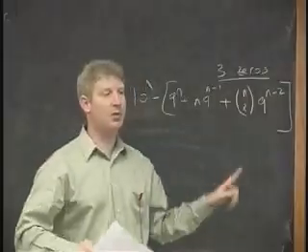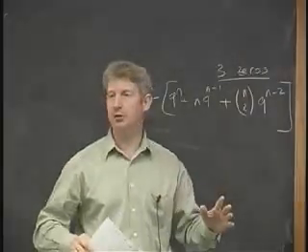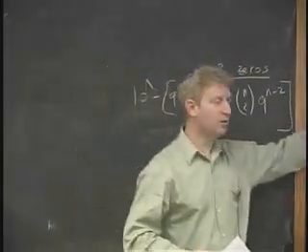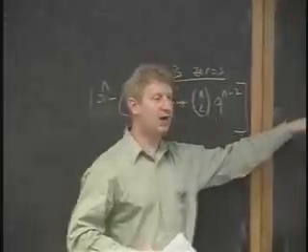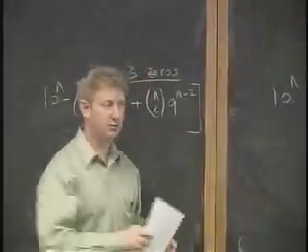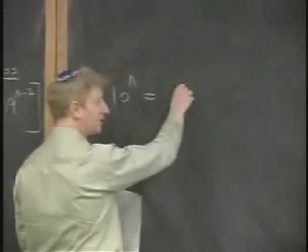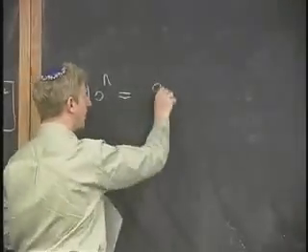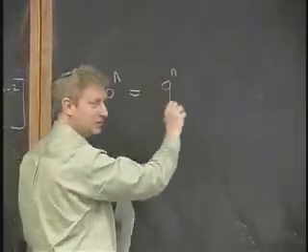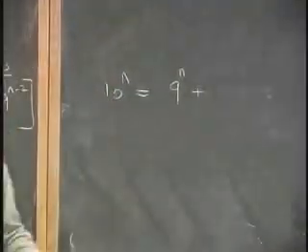I can add up all the base 10 numbers in the following categories. Base 10 numbers can be divided up into the ones that have no zeros. What's that? The ones that have no zeros? 9 to the n. No zeros. The ones that have 1 zero.